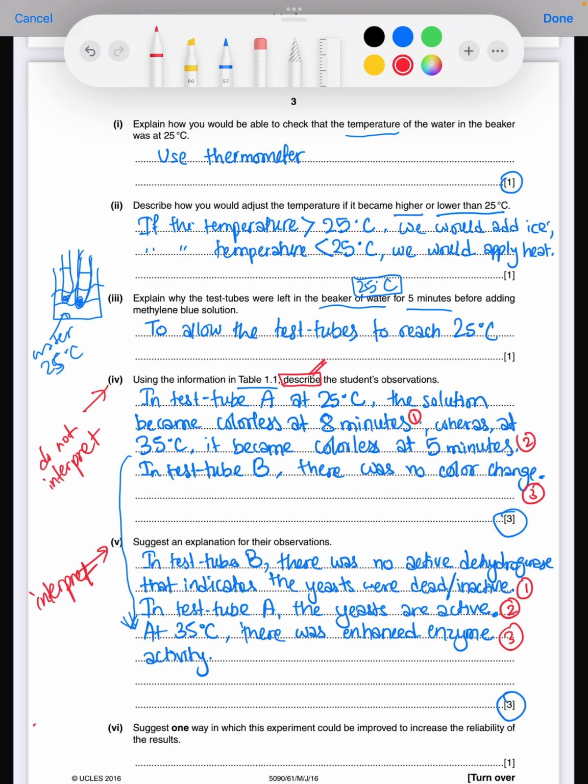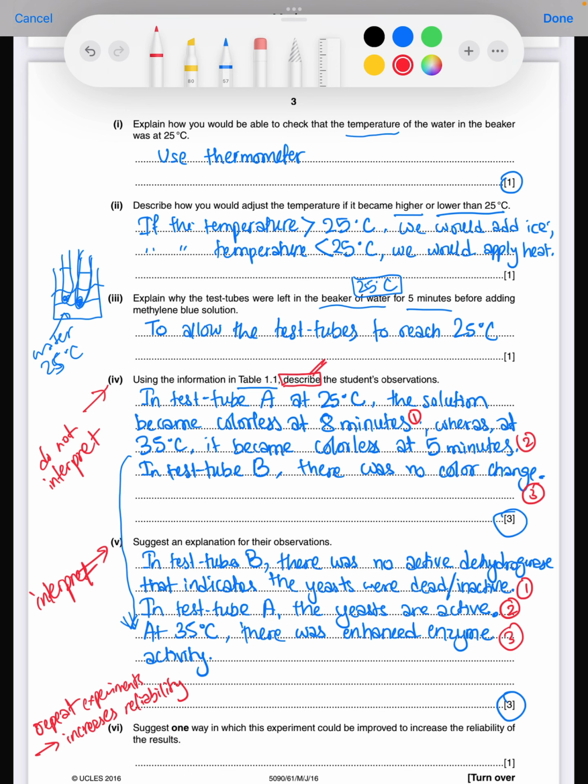In labs, we tend to repeat experiments, okay? Why? Because this increases the reliability of our data, the reliability of our results. So this is something you can always write.